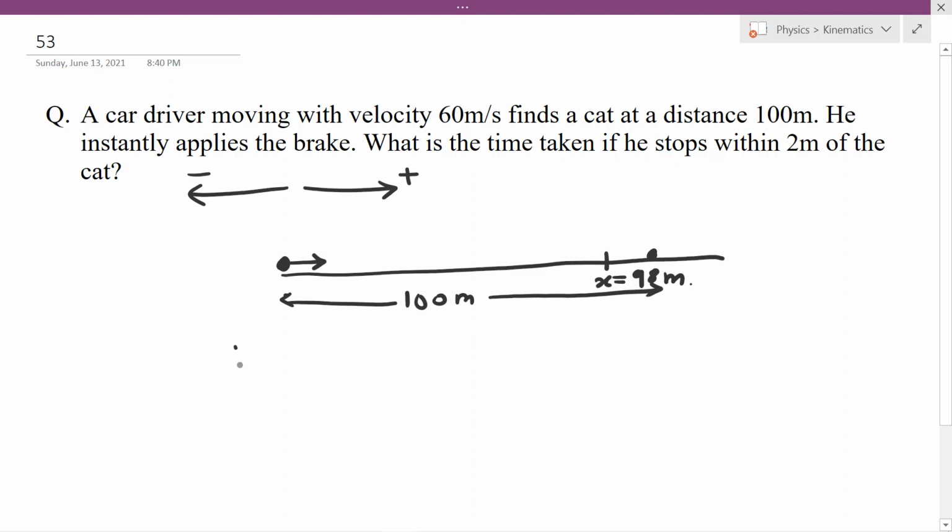Now we know V is equal to 0, that is the final velocity. U is equal to 60 meter per second, and that is positive because it is in the right direction. And what is S? S is 98 minus 0, that is xf minus xi, the final position minus initial position. So this is 98 meter.